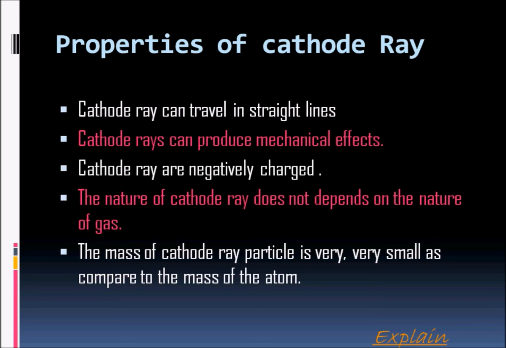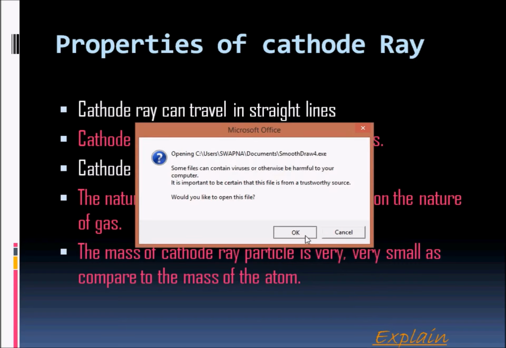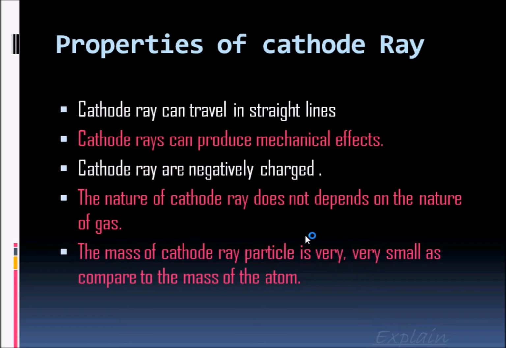Fourth, the nature of cathode rays does not depend on the nature of the gas. Fifth, the mass of cathode ray particles is very small as compared to the mass of an atom. Let's explain with the help of examples and diagrams.